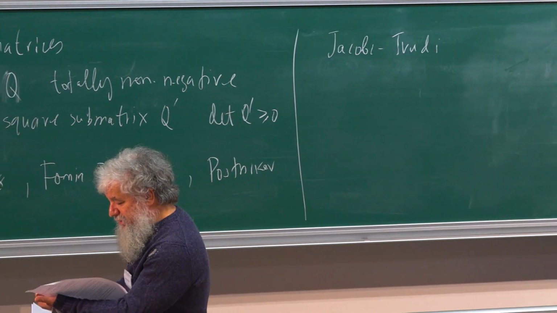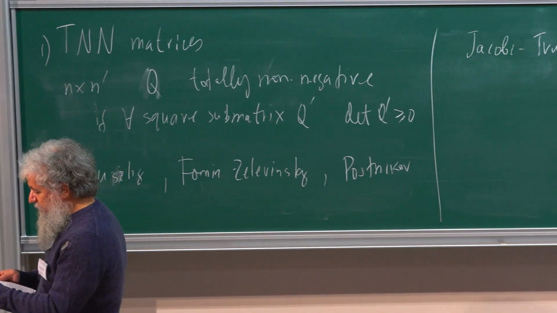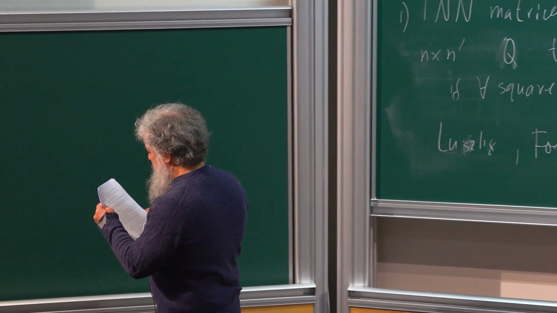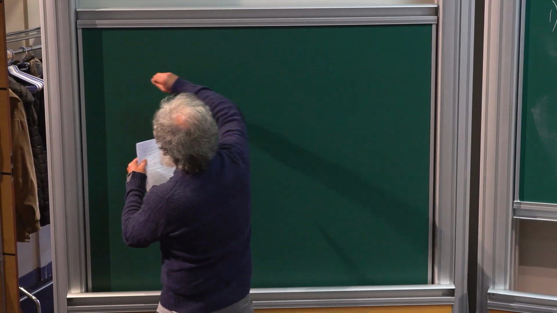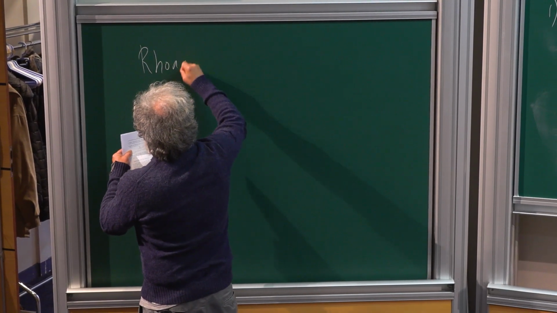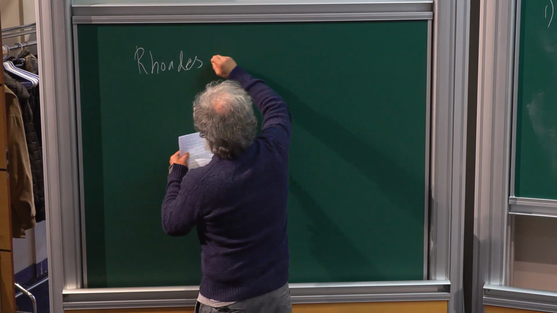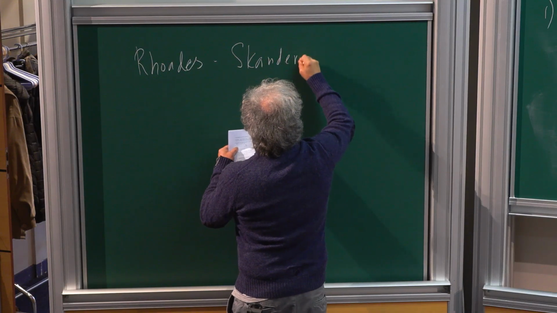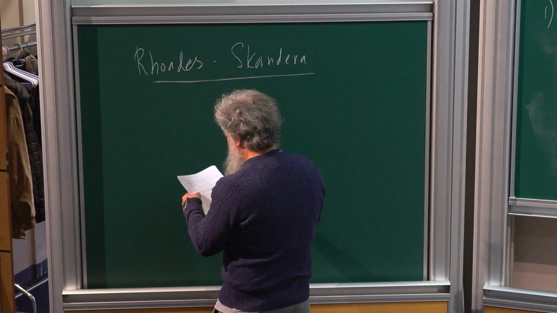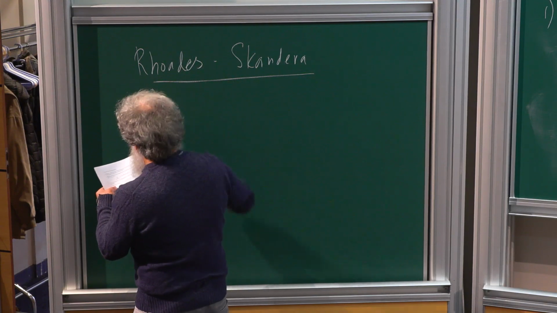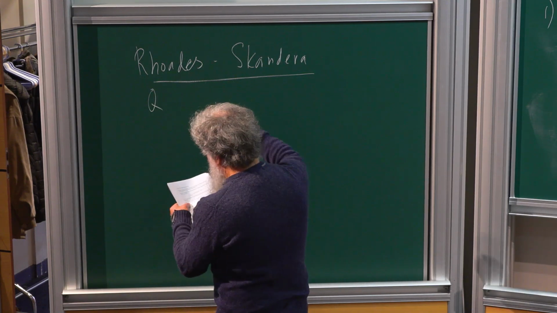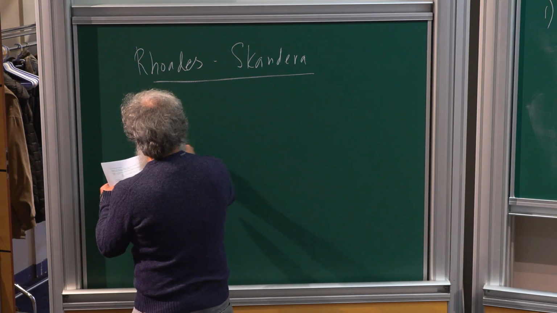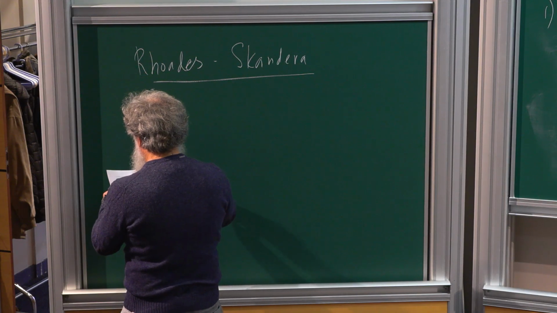So what is known about such things? There is a famous result by Rhoades and Skandera, which says the following. For a totally non-negative matrix, consider the following quadratic expression.